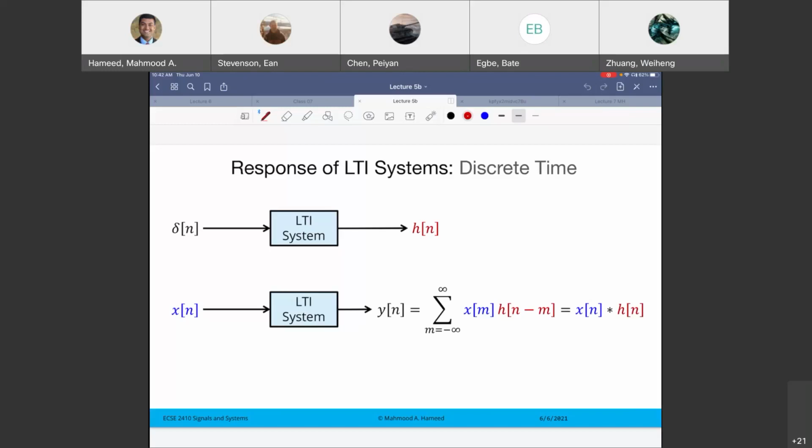We can start talking about convolution. So why are we talking about convolution? It's a difficult math problem. That's why we need to talk about it. No, it's not the reason. The reason to talk about convolution is because we want to compute the output of systems without actually having to measure them, right?